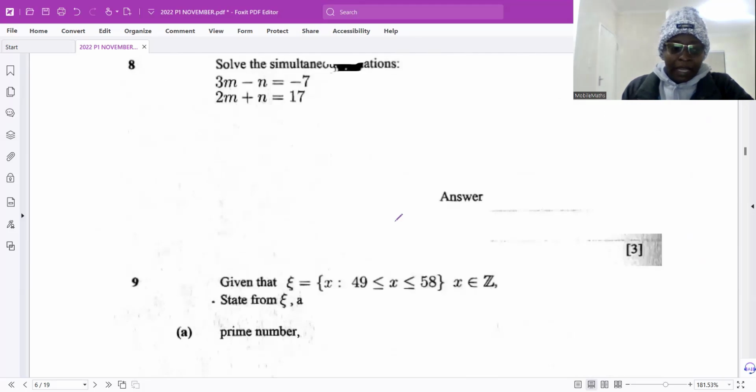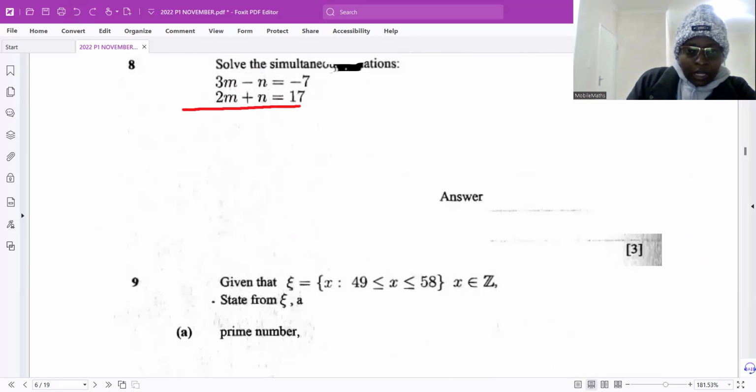Let's move on to number 8, where we are solving a simultaneous equation. Since for this one I have n there, I can simply solve this by elimination method. To get a 0 here, I'll simply add.